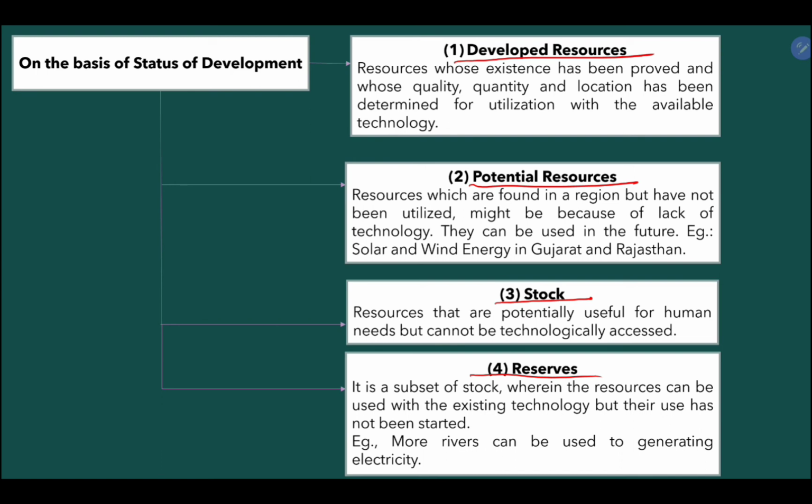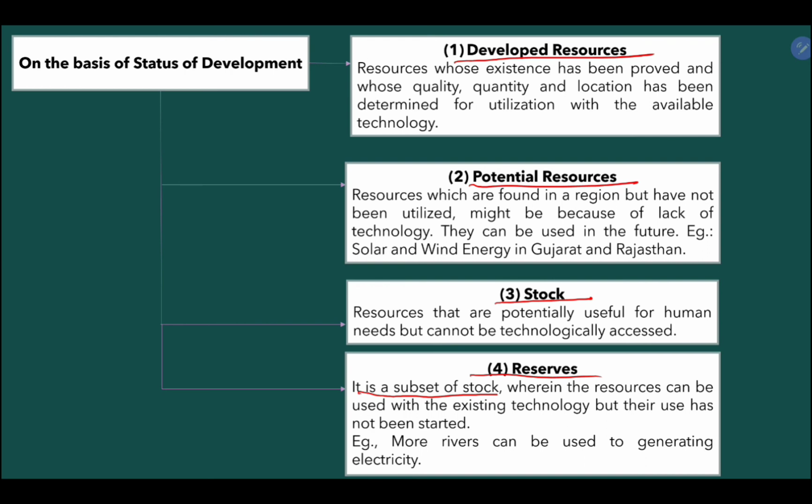Reserve, as I told, is a subset of stock wherein the resources can be used with the existing technology. So there is a resource and we have the technology to access it, but still we are holding or saving that resource for future purpose. That is called reserve.